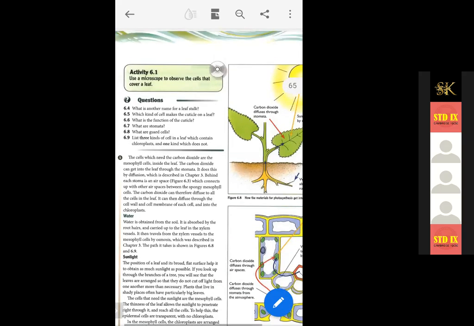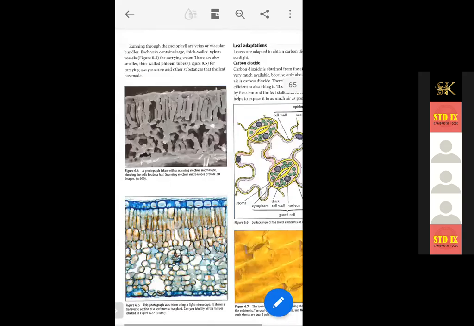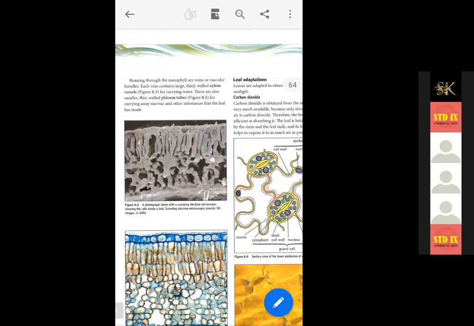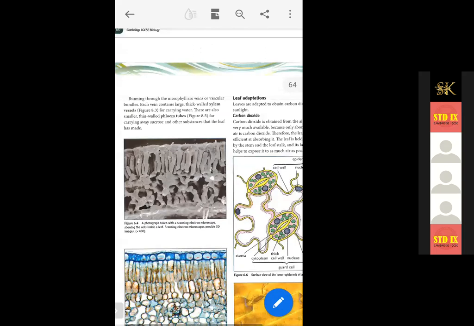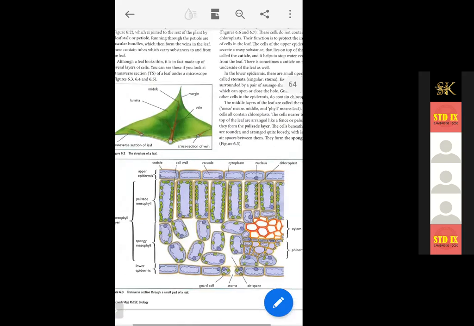Then write, a part of it is used in respiration.